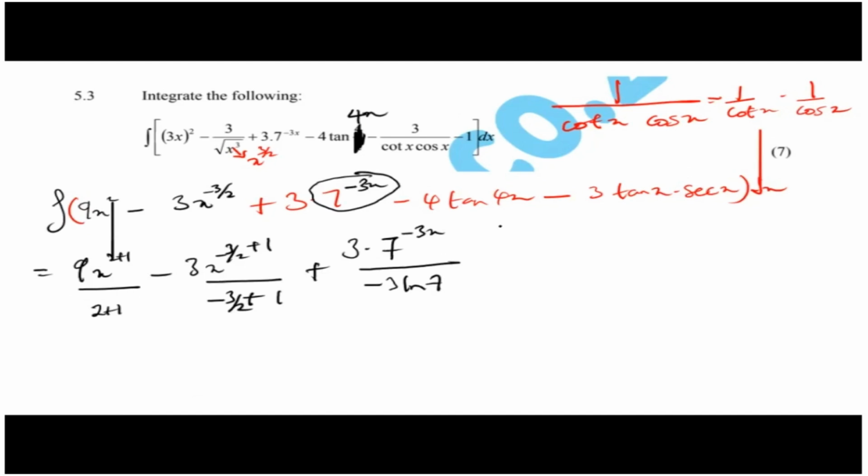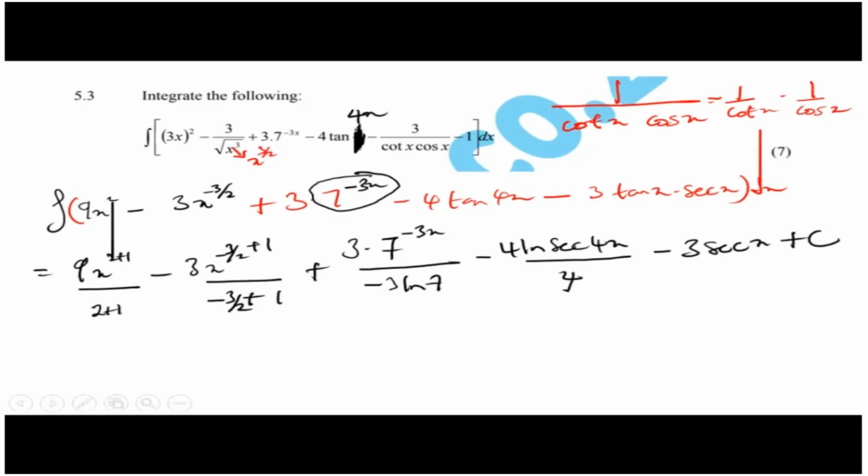All right, then here is 4 ln sec 4x over. Then here is 3 sec x plus c.